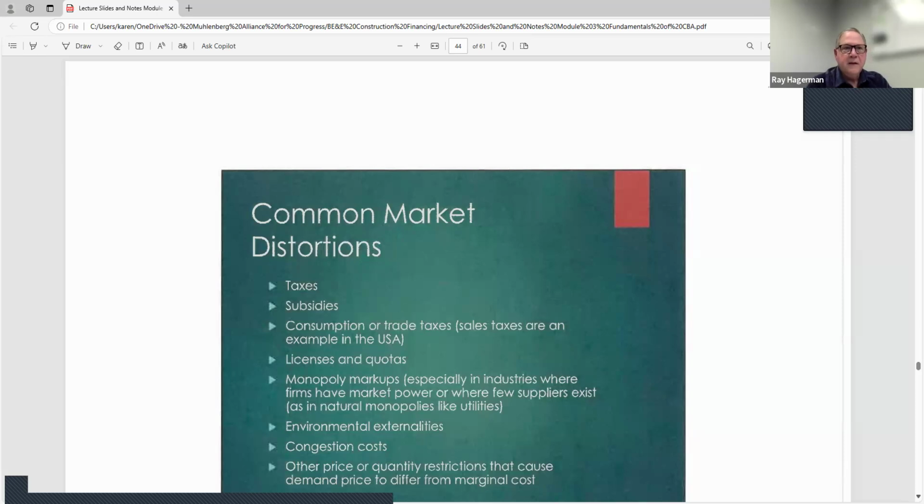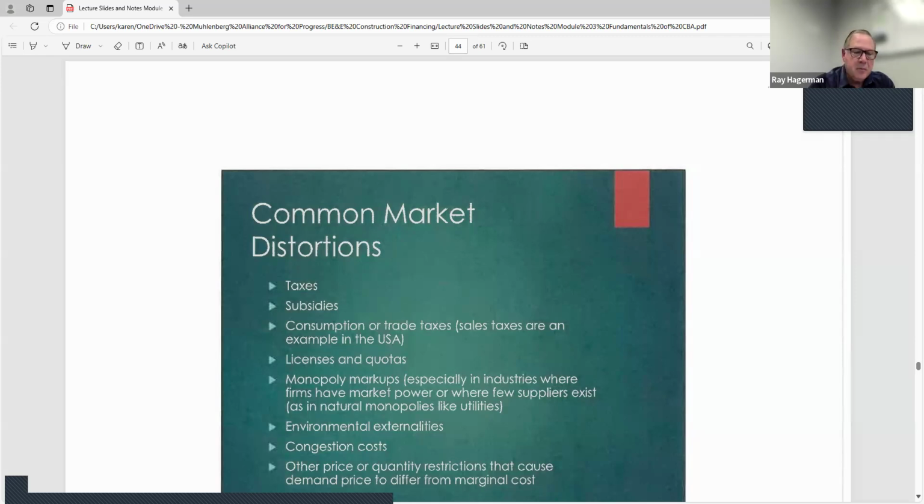Why is that? Because the government would rather see low carbon footprint vehicles as opposed to ones that use internal combustion engines. And so they subsidize that. So sometimes you're going to get more of something because you in fact subsidize it. Sometimes you're going to get less of other things because why? Because you tax them.